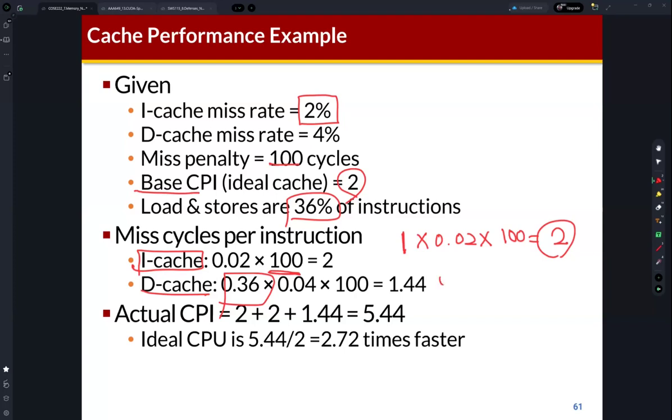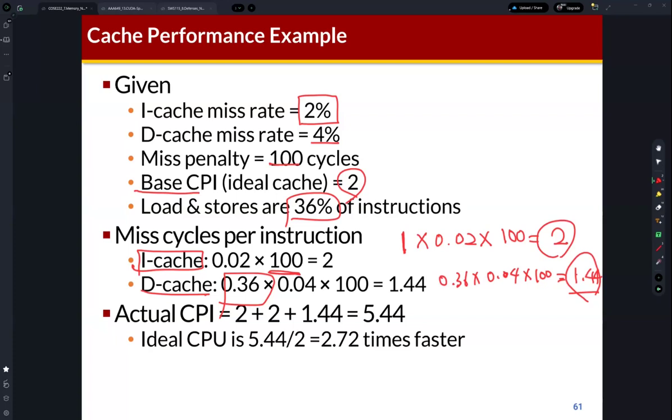So 0.36 multiplied by the miss rate of 4%, 0.04, and then the miss penalty, 100. So 0.04 multiplied by 100, and this is 1.44. So this is the additional cycles by data cache misses.